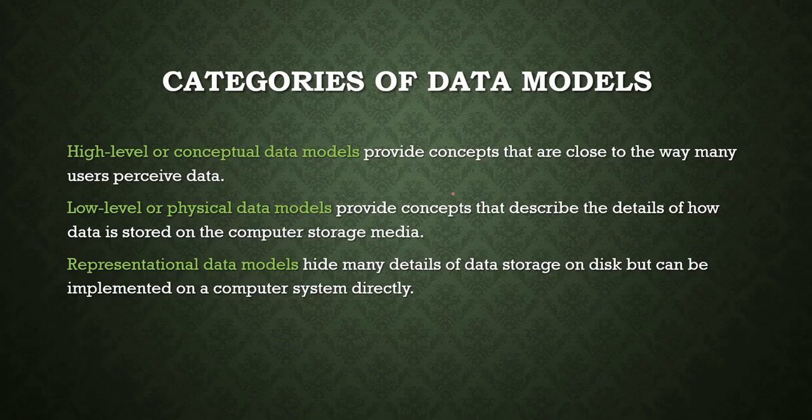Low level or physical data models provide concepts that describe the details of how data is stored on the computer storage media, whereas the representational data model is in between the high level and low level data models. That is, it hides many details of data storage on disk but can be implemented on a computer system directly.